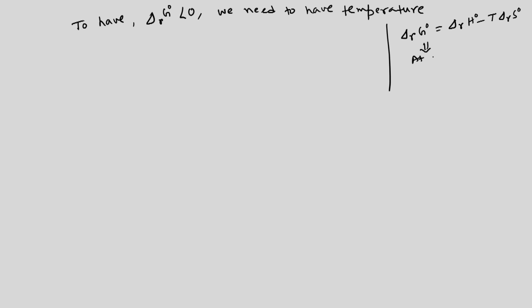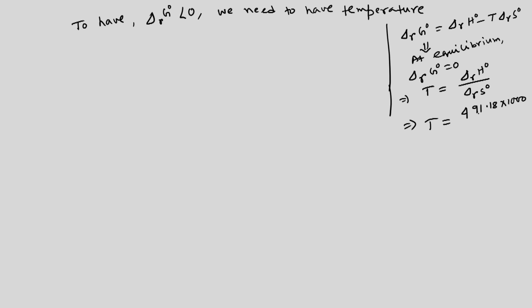So at equilibrium, delta G naught is 0. So this gives T. If we substitute the values, we get, this is in Kelvin unit.